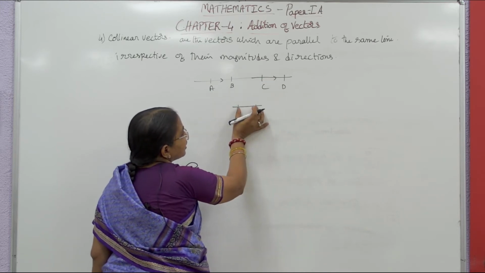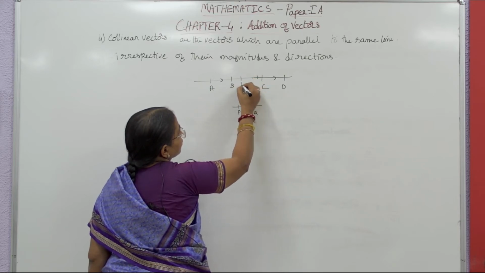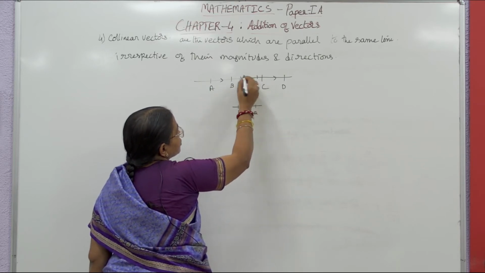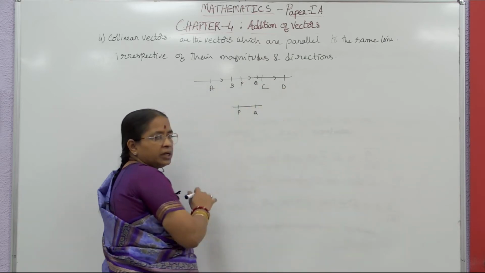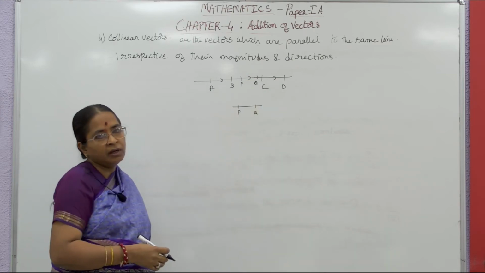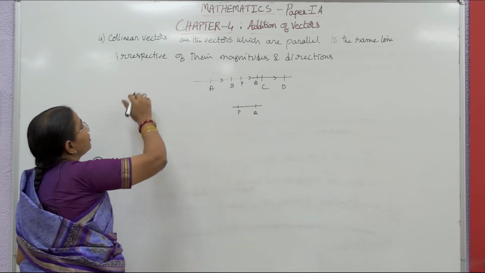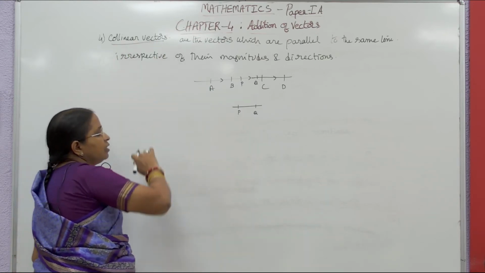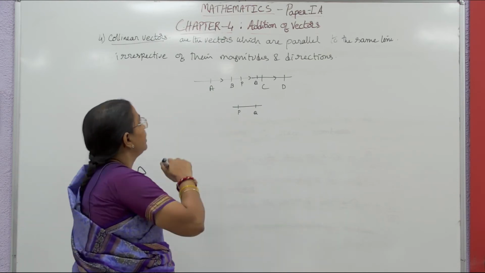I can draw a vector equal to this vector here, a vector PQ here also. So they are collinear: AB vector, PQ vector, CD vector are all collinear vectors. They can be parallel or in the same straight line. So collinear vectors are the vectors which are in the same straight line or in parallel lines.